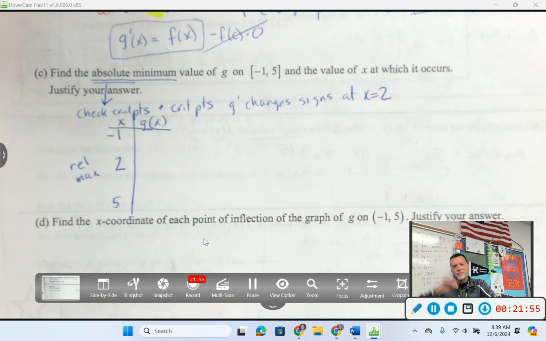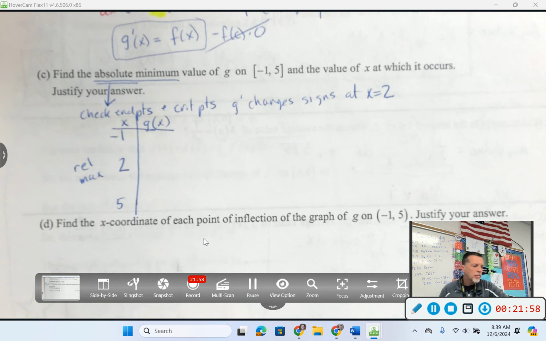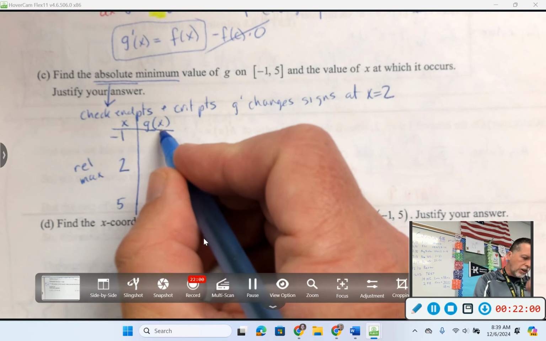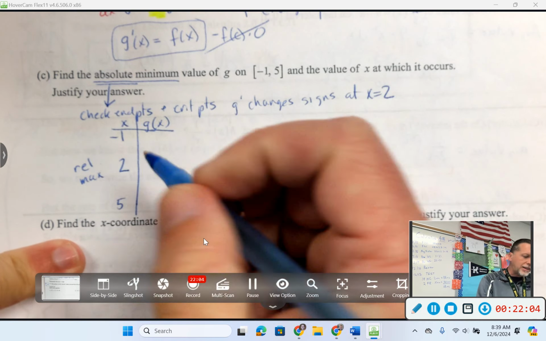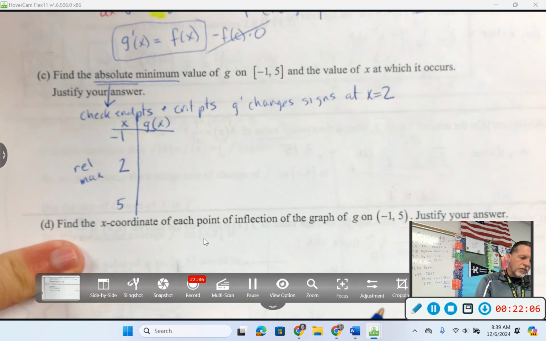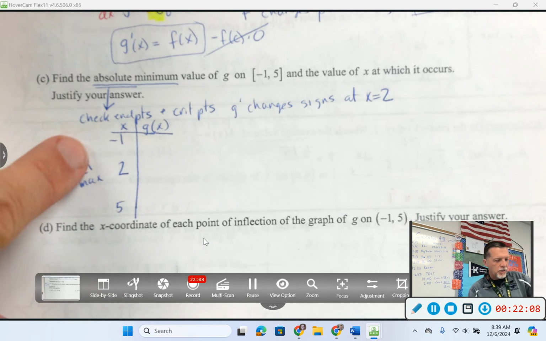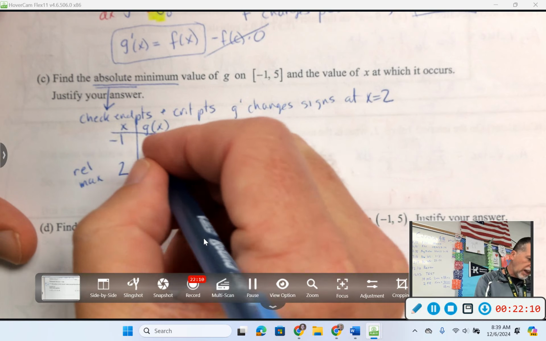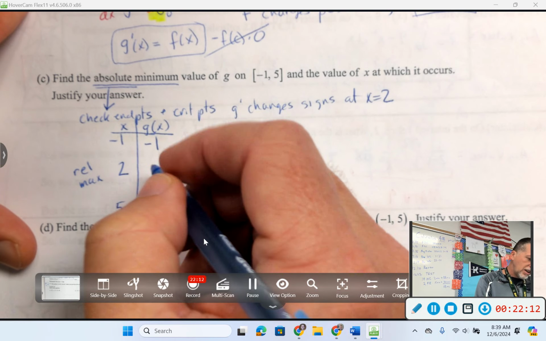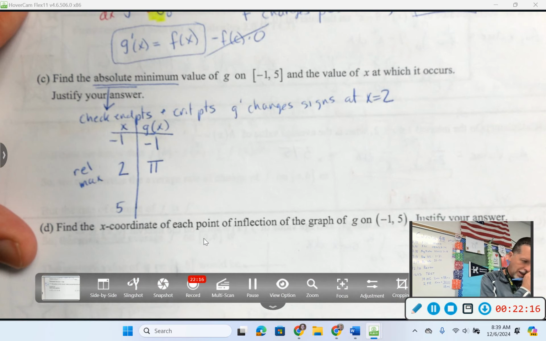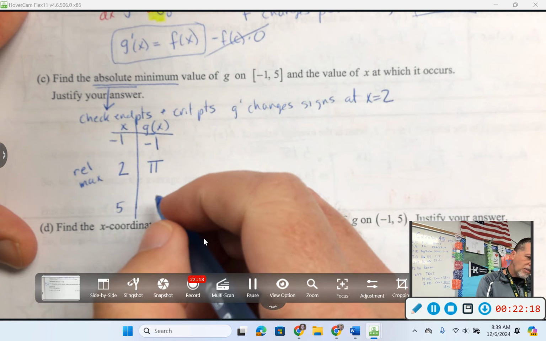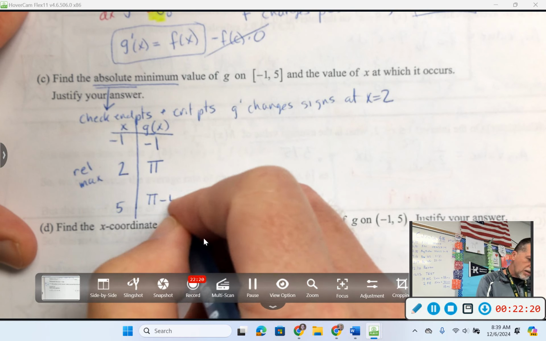That wouldn't work. The good news is, and this happens a lot on the AP test, and hint hint on my test as well, we've already found some of this information. G of -1 was -1. G of 2 is pi, even though we already know that's not going to be the answer. And G of 5 is pi minus 4.